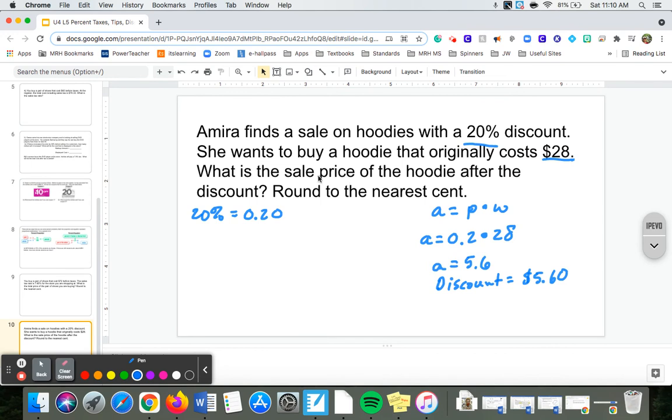So if I then wanted to find the sale price, which is the price of the hoodie after I take the discount amount off, it would be $28. So the sale price is going to be 28 minus the $5.60.